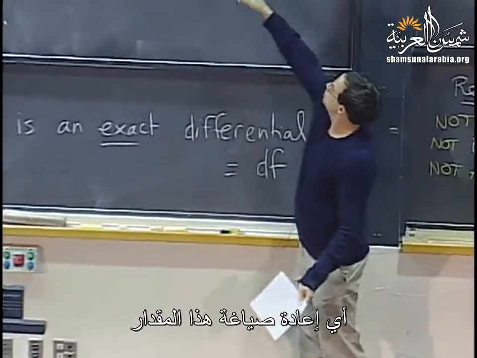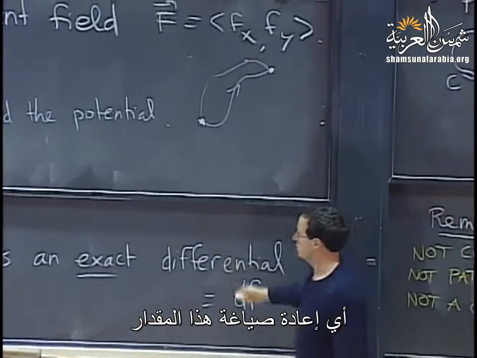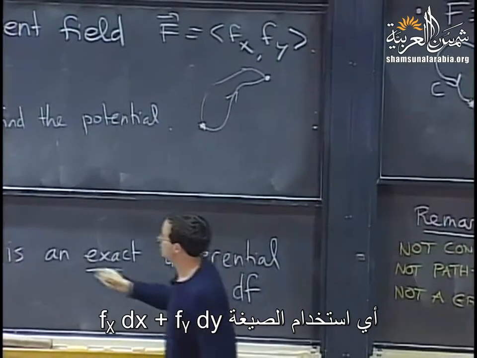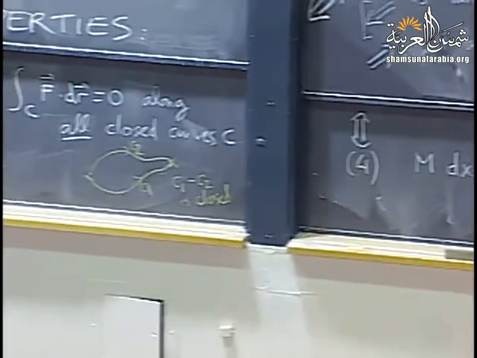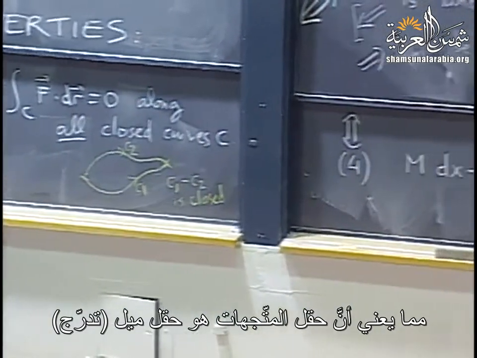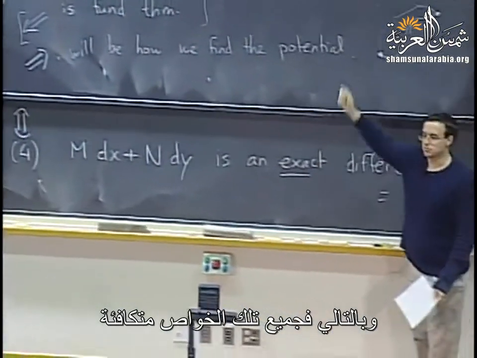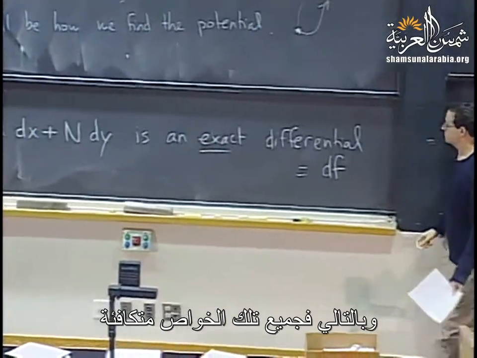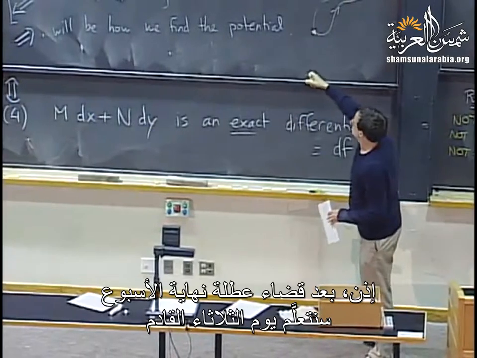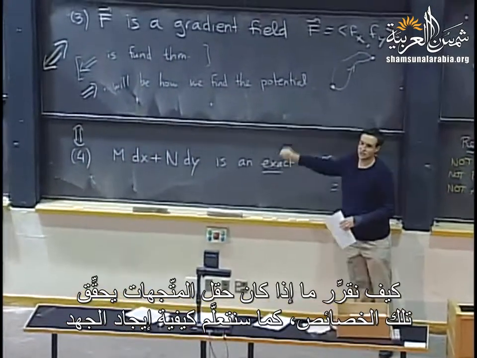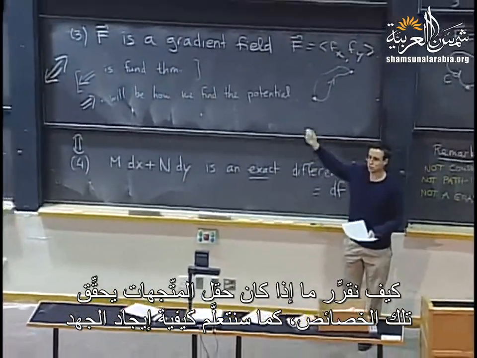And I'm just reformulating this, right? Because I'm saying I can put it in the form f sub x dx plus f sub y dy, which means my vector field was a gradient field. So these things are really the same. Okay, so after the weekend, on Tuesday, we'll actually figure out how to decide whether these things hold or not and how to find the potential.